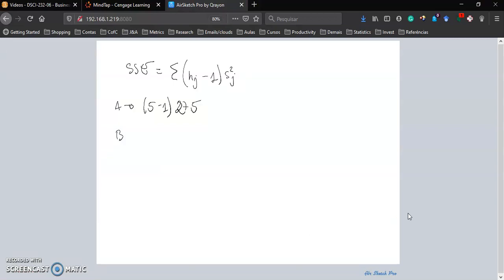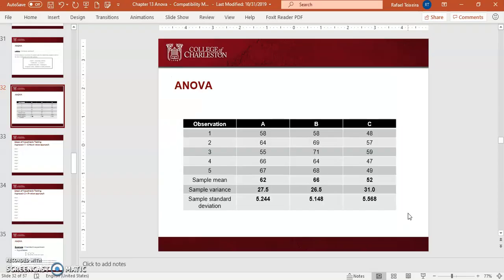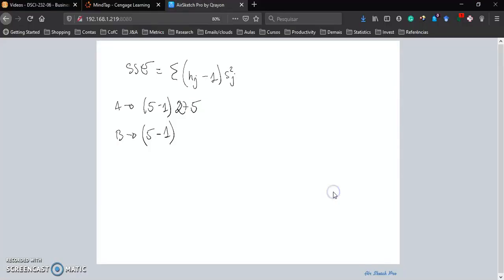For group B, I also have 5 observations, sample size minus 1, multiplied by the variance, which is 26.5. And for group C, I have 5 minus 1, multiplied by the variance of 31.